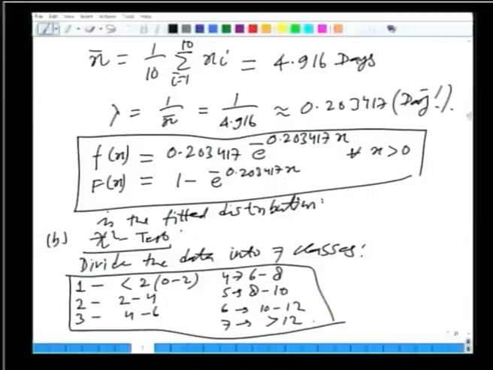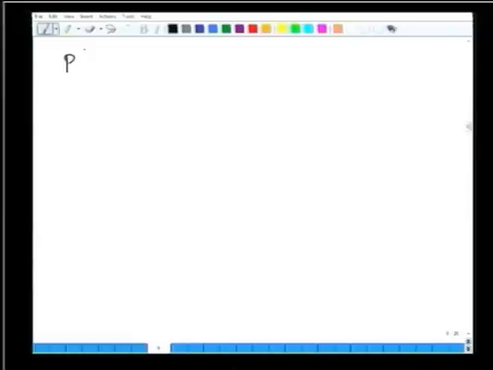Now, the next step is to find the cell probabilities. For the first cell, you have to find the probability such that x is between 0 and 2, which is nothing but the probability of x being less than or equal to 2. What is this given by?